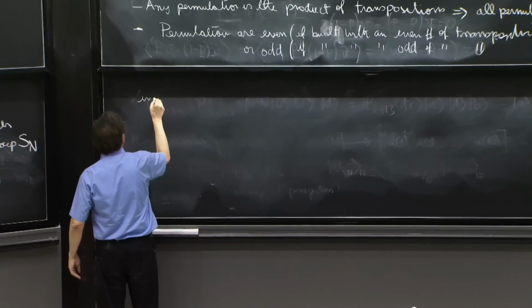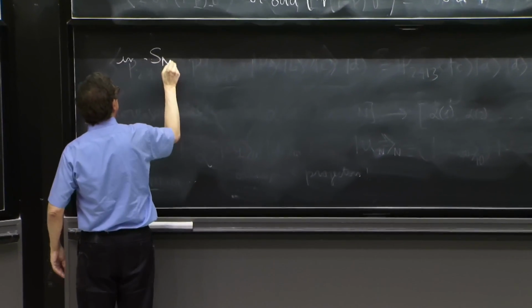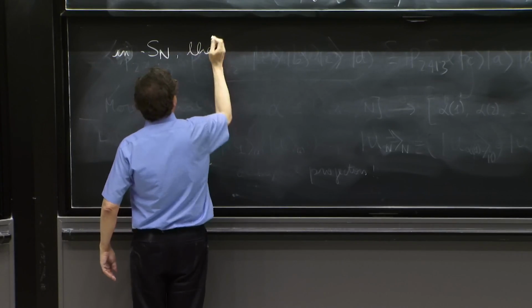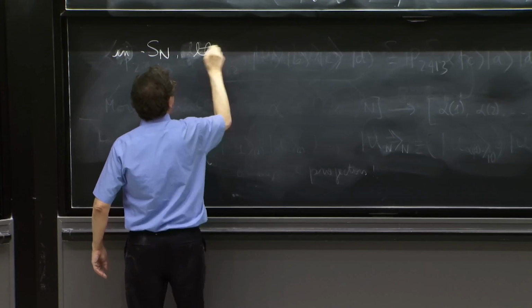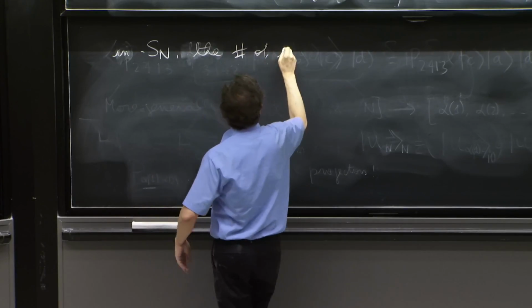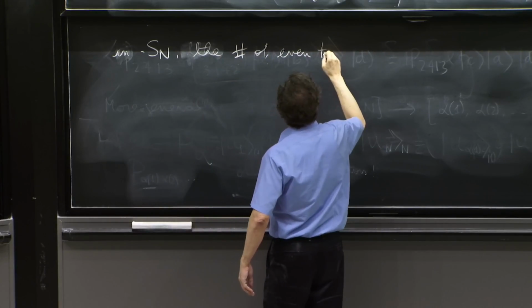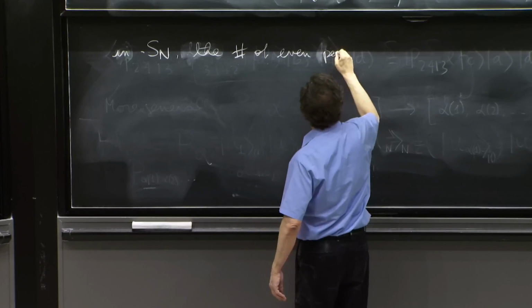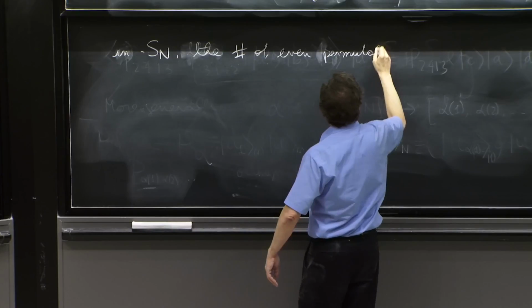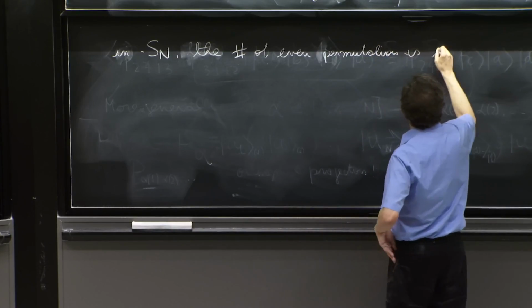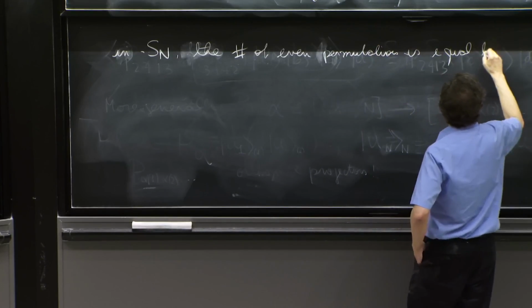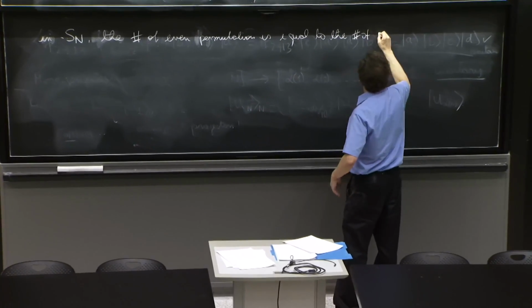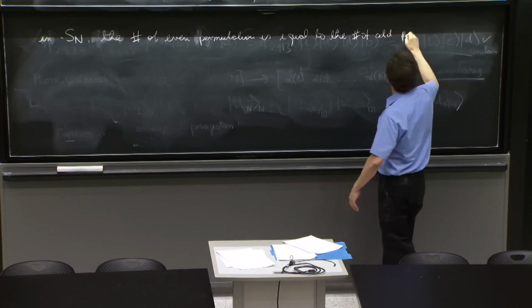In Sn, in the group Sn, the number of even permutations is equal to the number of odd permutations.